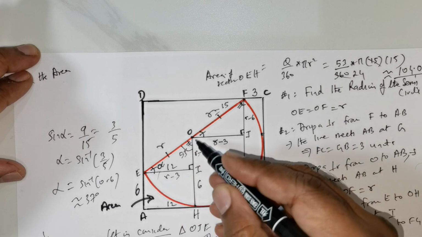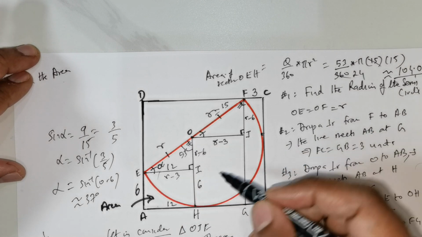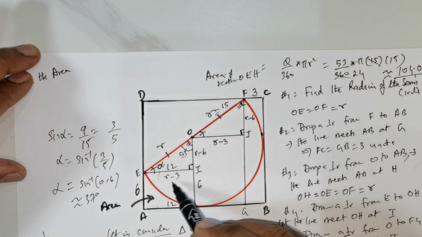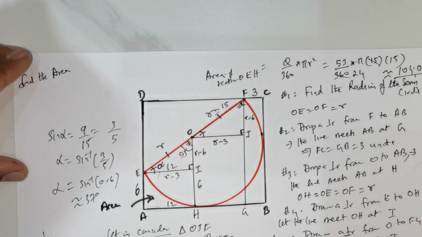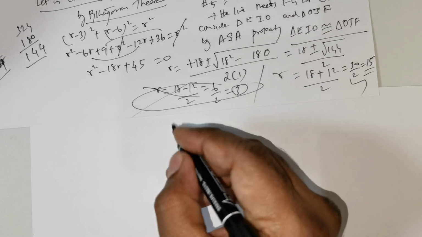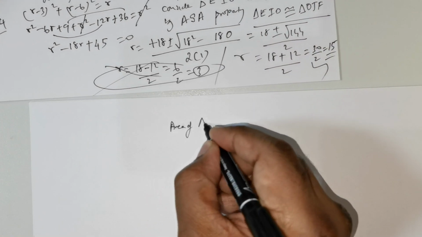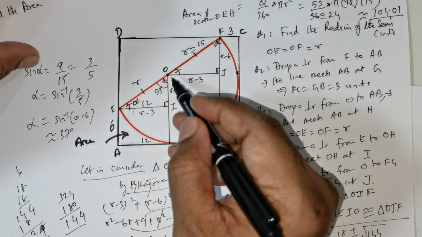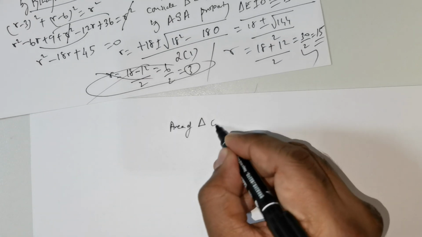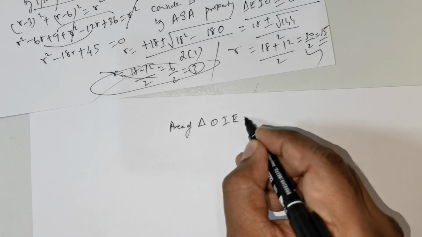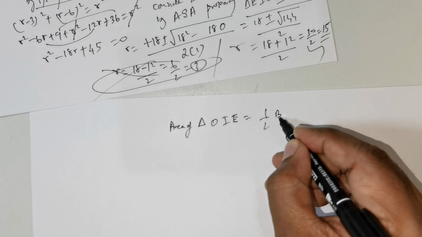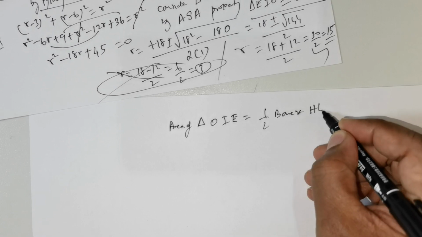Now from the area of the sector, I will take away the area of the triangle. So we will have to calculate the area of the triangle. So let me use this page here. So area of triangle, what is that? OIE is equal to half times base times height.